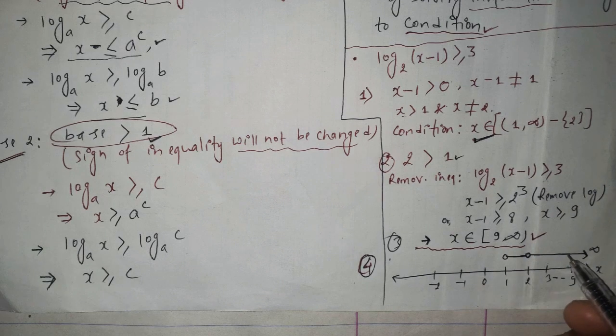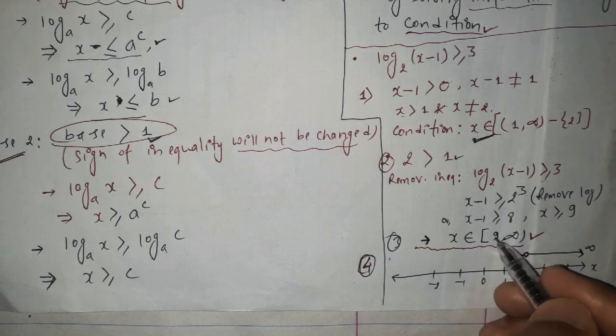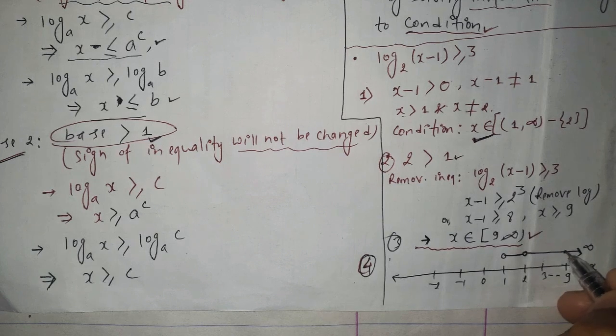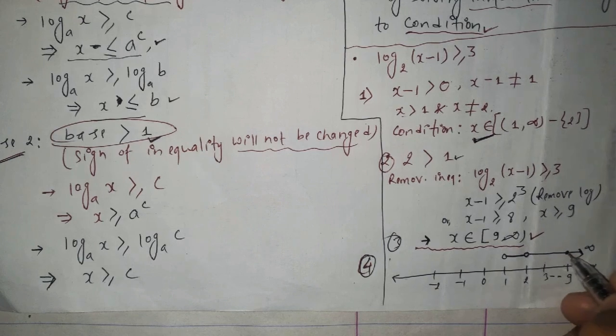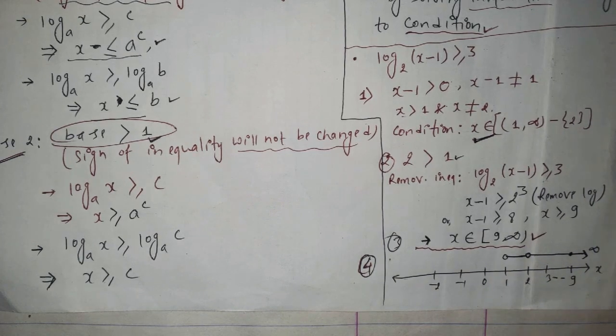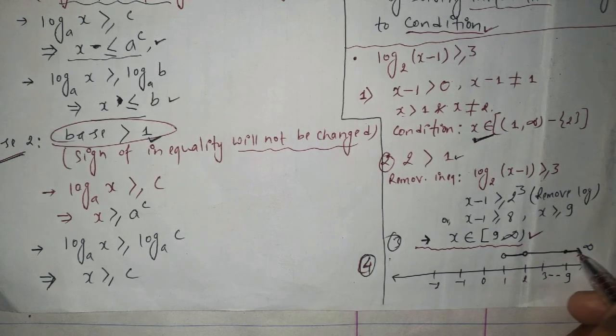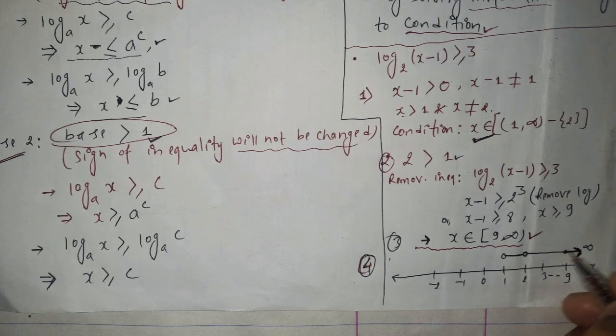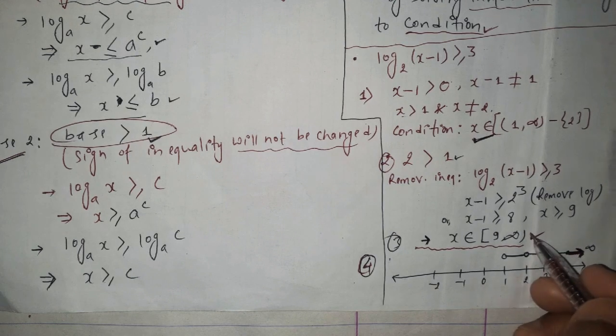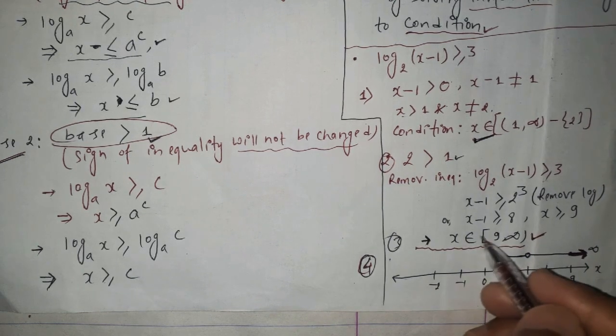Here 9 is satisfied, 9 is included, and 9 to infinity. So from 9 onward the values of x are included. Let me highlight this. This red line represents the solution set for this inequality.